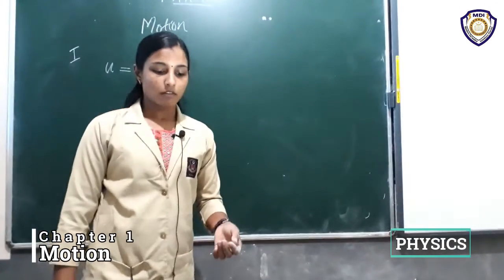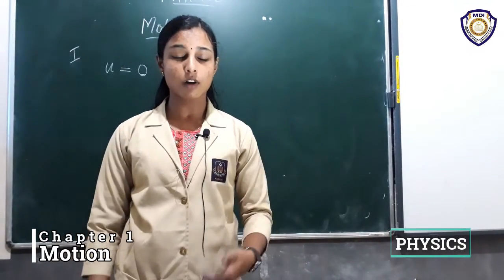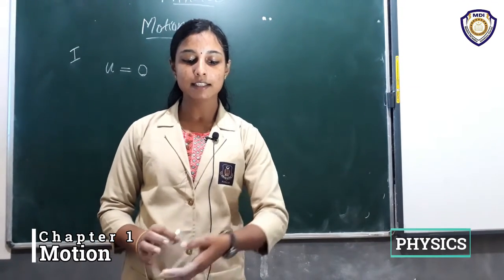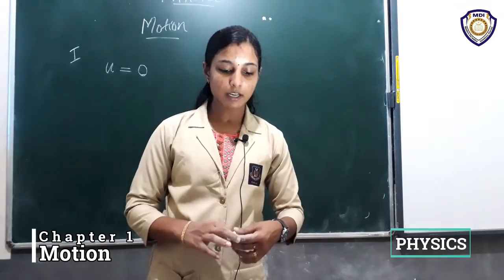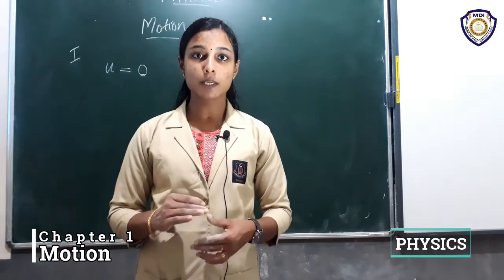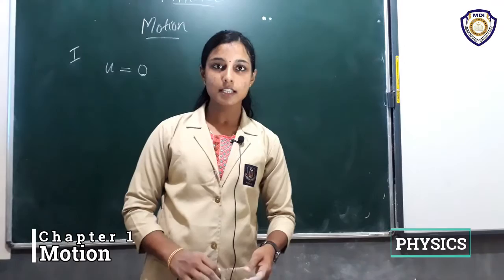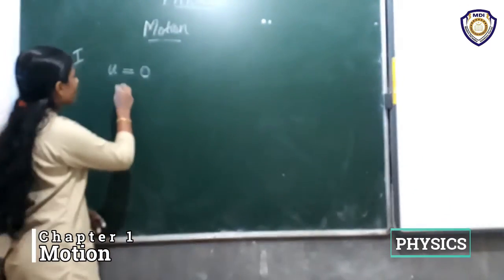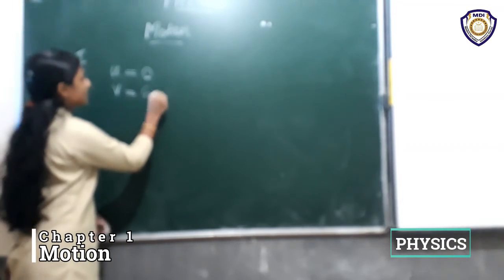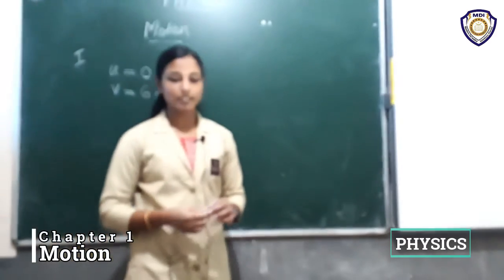And what is the final velocity? Here it is said that Rahul pedals his bicycle to attain a velocity of 6 meters per second. So the final velocity, which we write as v, is 6 meters per second, right?